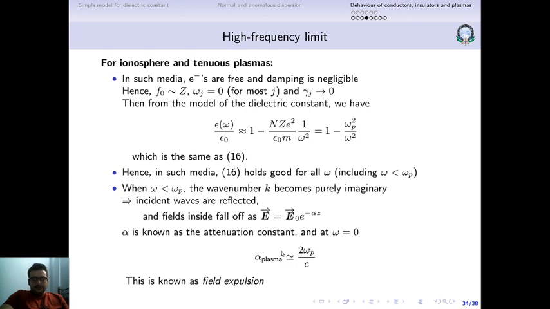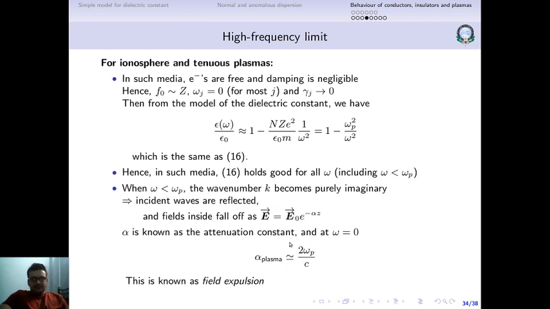and that's going to fall off over a length which is inversely proportional to alpha. If omega p is large, alpha is also large, and if alpha is large, then the attenuation length will be smaller and smaller. So the larger the plasma frequency, the smaller the length over which it is going to attenuate and fall off.